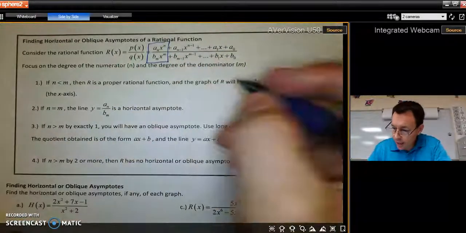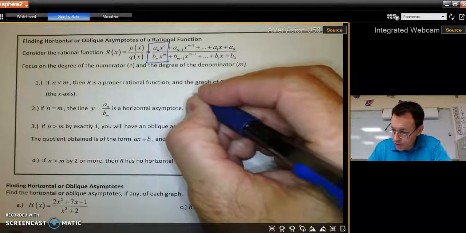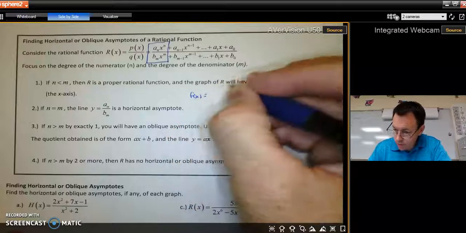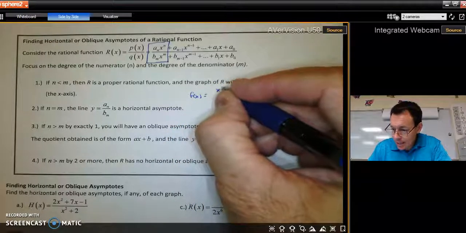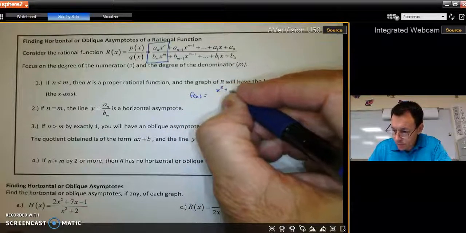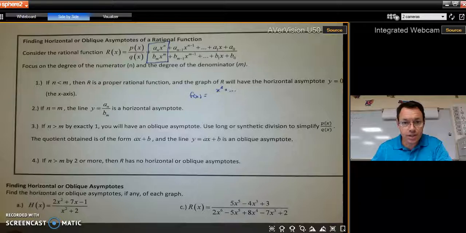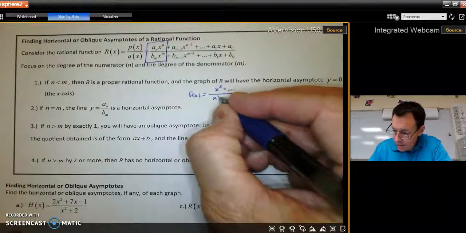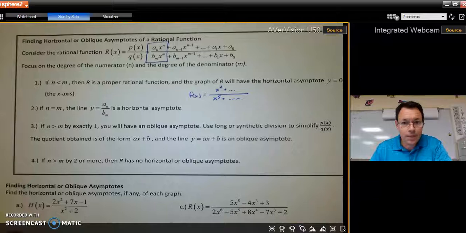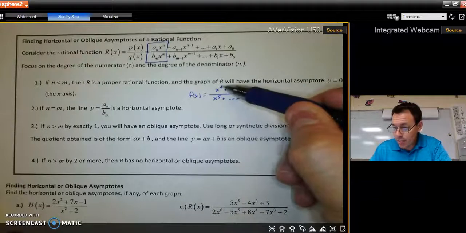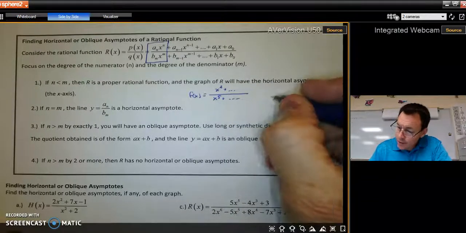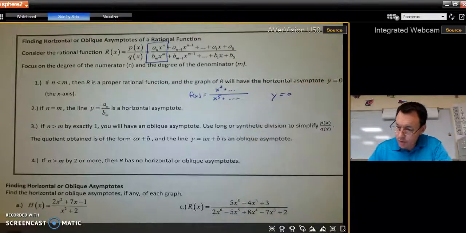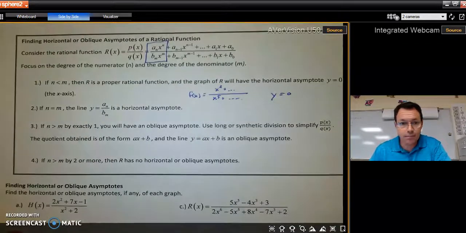So if you have some function, f of x equals x squared plus whatever over x to the 5th plus whatever, it doesn't matter. If this number is smaller than this number, then the x-axis, y equals 0, is a horizontal asymptote. So there's no math to do. You just look at it and tell.